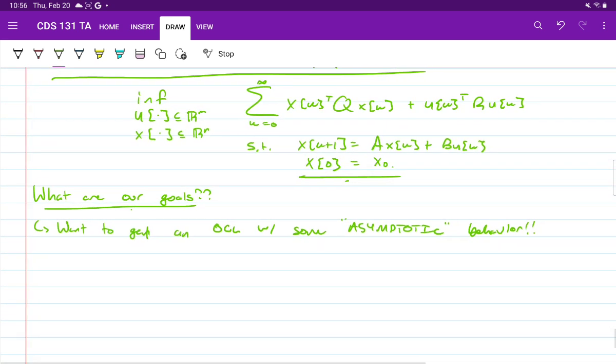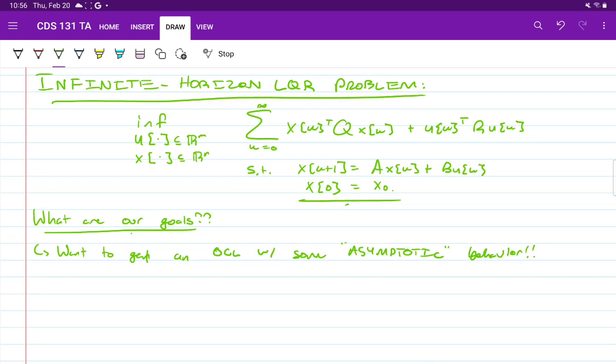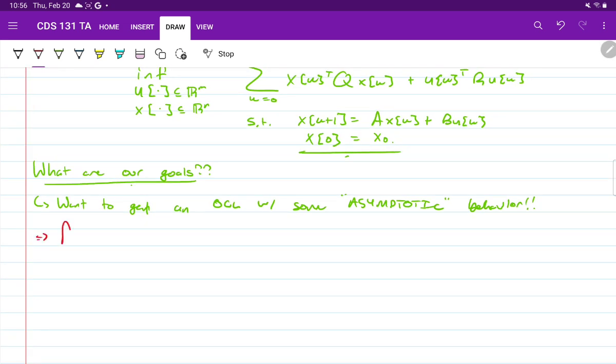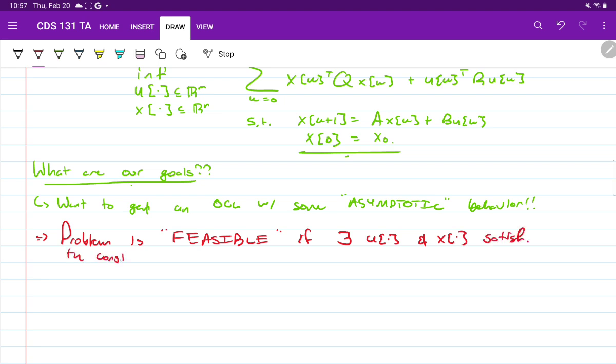Okay. So there's a couple of things to keep in mind about this problem. Now that we have this infinite horizon, we're not necessarily sure that this problem is even solvable. So we only say that the problem is feasible if there exists sequences u and x satisfying the constraints that give us finite cost.